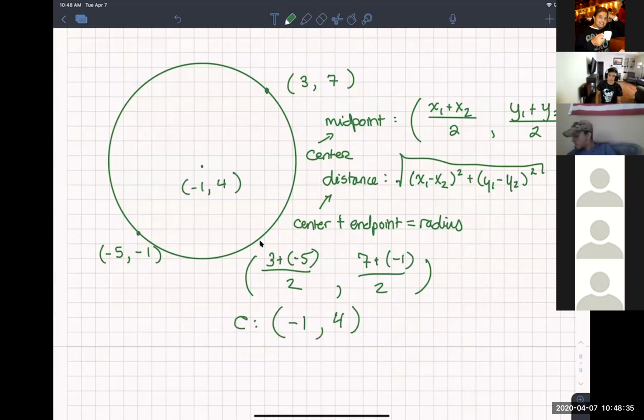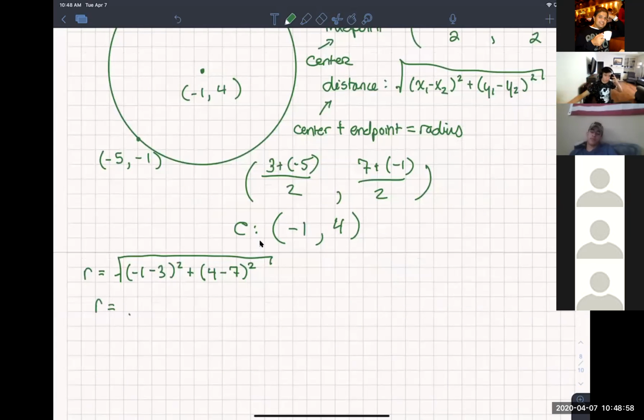Now to find your radius, remember, you're taking the center and either one of the endpoints and plugging it in. So -1 minus 3 squared plus 4 minus 7 squared. So -1 minus 3 is -4 squared plus -3 squared.